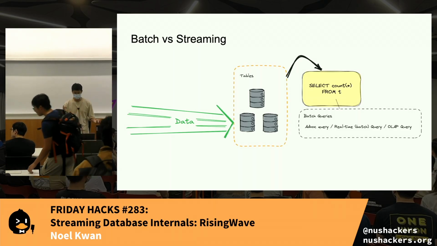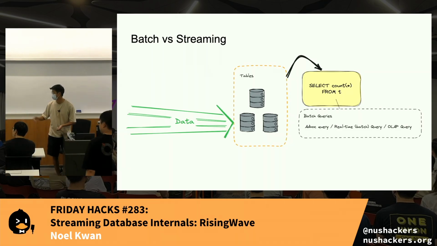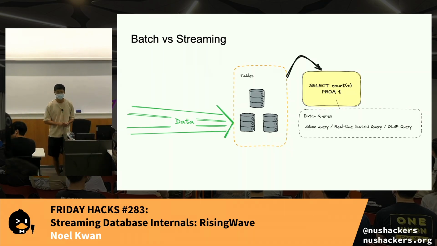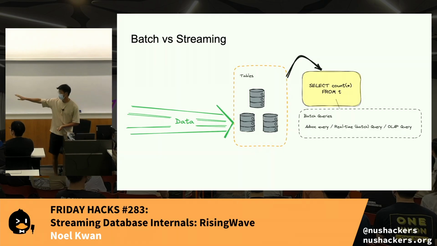Over here, you can see we have a simple console query, and that's a query that you run ad hoc. This is known as an ad hoc batch query. The data is coming in, being ingested into these database tables, and then we just run a query over these tables.